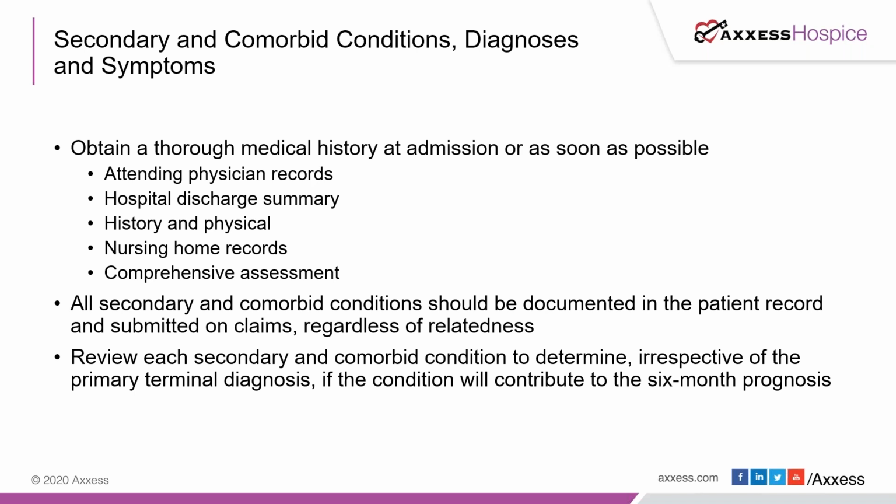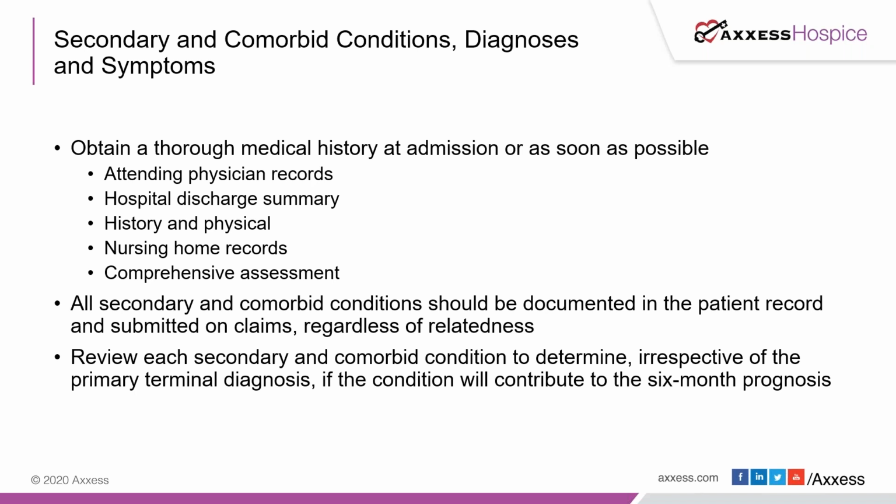Sometimes we admit patients urgently and we don't have time to get every single record because they're in symptom distress. But as soon as you can, get the attending physician records, get the hospital discharge summary and history and physical. There's a lot of information in there.